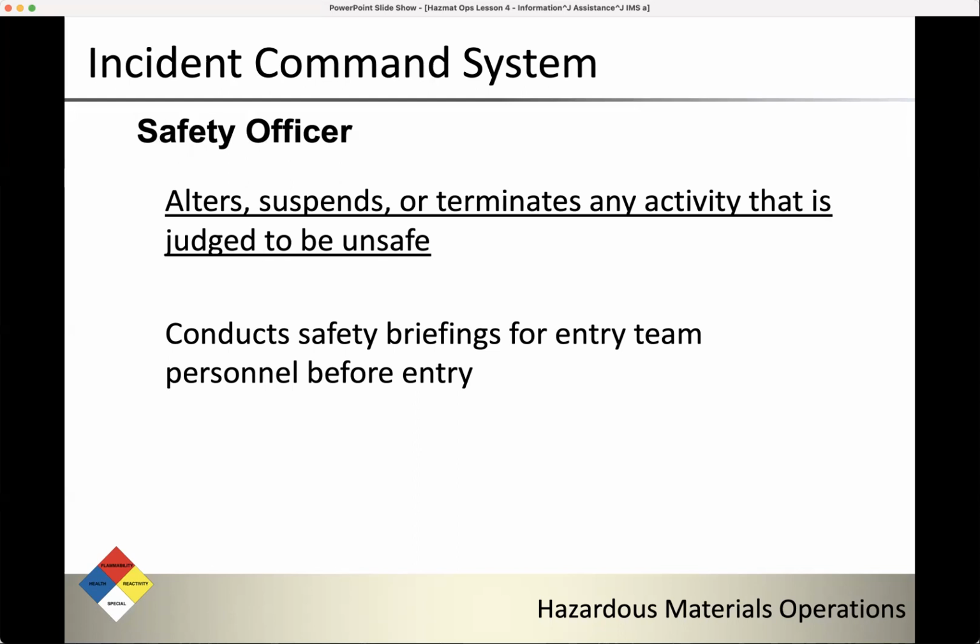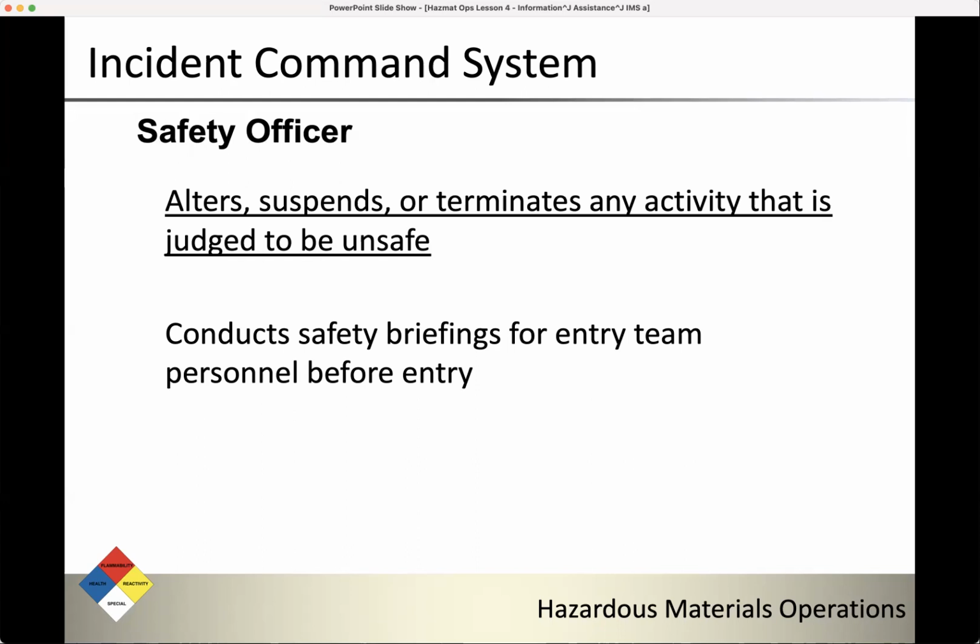We want to empower people to have the confidence to say, I don't think this is a good idea. What do you think, safety officer? Okay. But for testing purposes, the safety officer can alter, suspend, or terminate any activity that is judged to be unsafe.